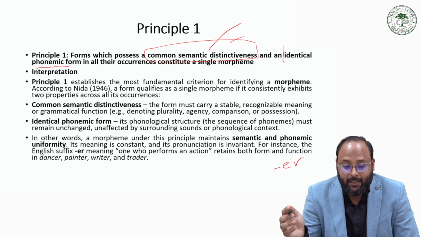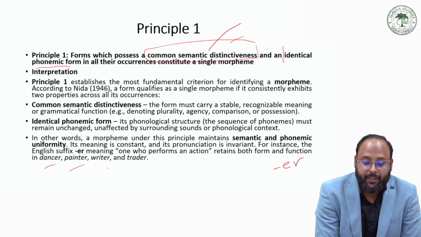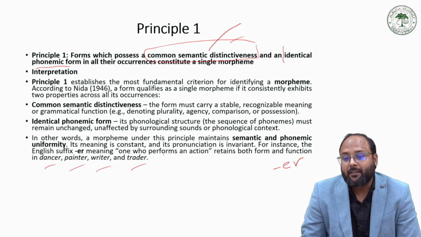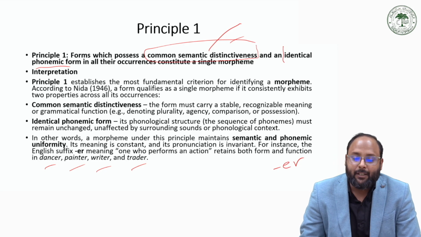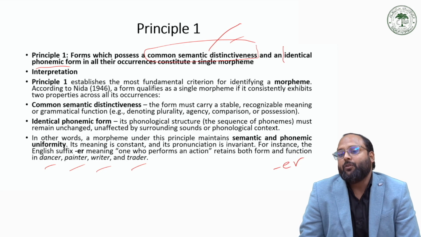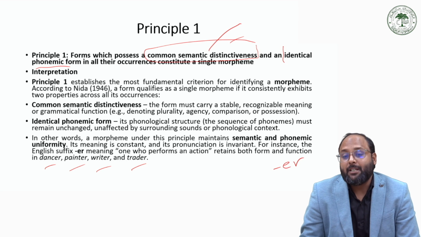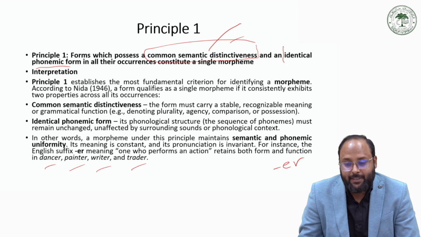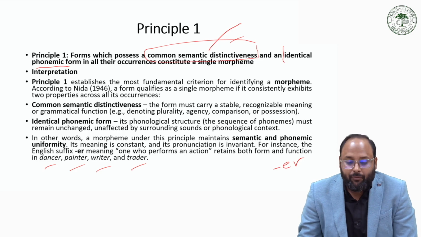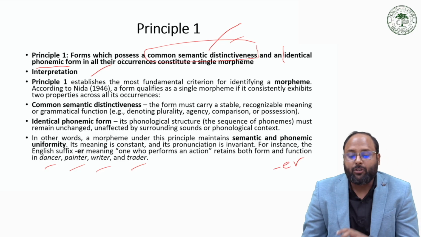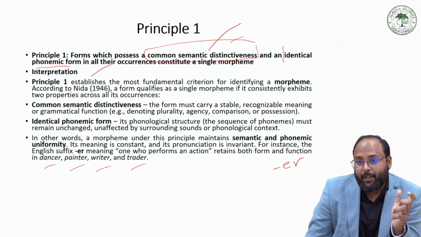It occurs in many words like dancer, painter, writer, trader. In all these forms, it has a uniform meaning, and that is called semantic uniformity. The meaning is the same in all occurrences, and the form is the same in all occurrences, like ER in dancer, painter, writer, trader.